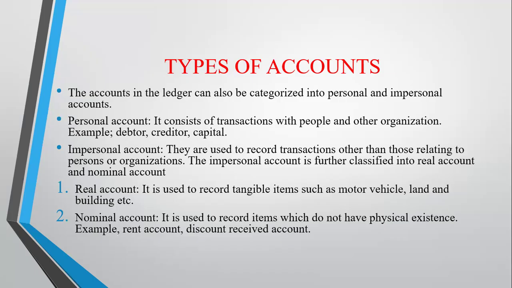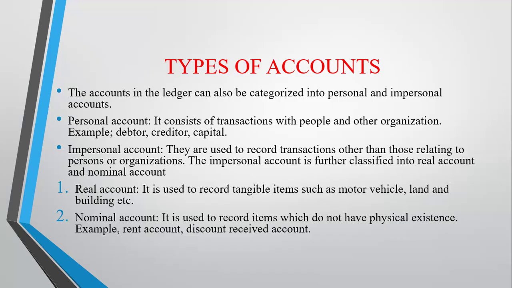Then we move to the nominal account. The nominal account is used to record items which do not have physical existence. So rent account, advertising account, electricity account, discount received account, rent and rates.